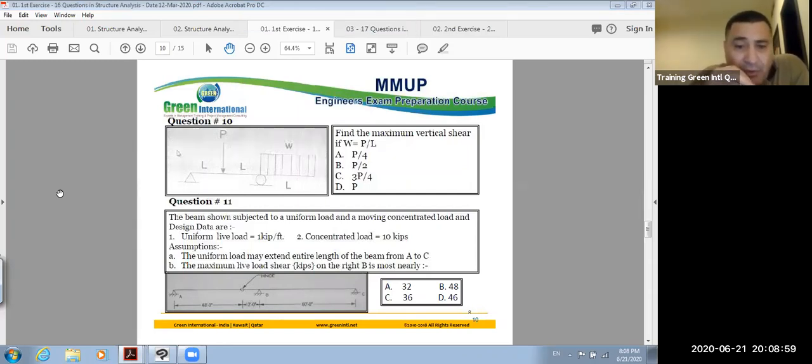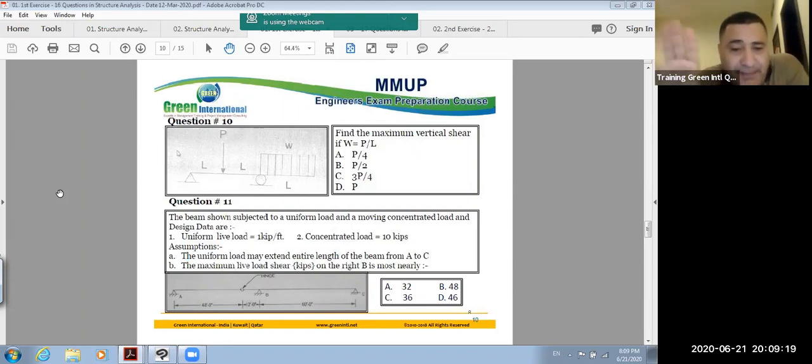The beam shown is subjected to a uniform load and a moving concentrated load, and design data are given. Design data is telling you the uniform load covers 1 kip per foot and the concentrated load is 10 kips. Both of them are live loads.